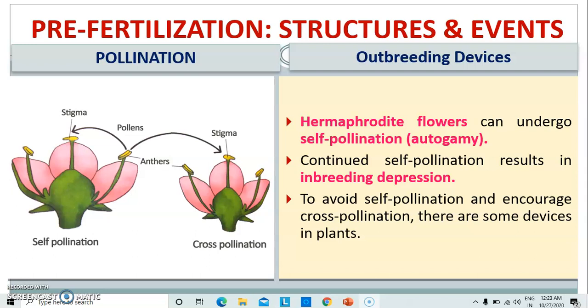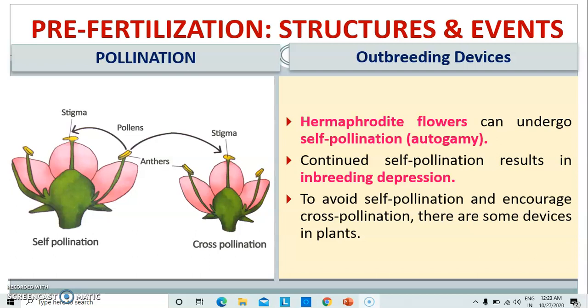Today I am going to explain the next part of pollination, that is outbreeding devices. In the previous lecture I had explained what pollination is, the types of pollination and the agents of pollination. There are two types of pollination, self-pollination and cross-pollination.